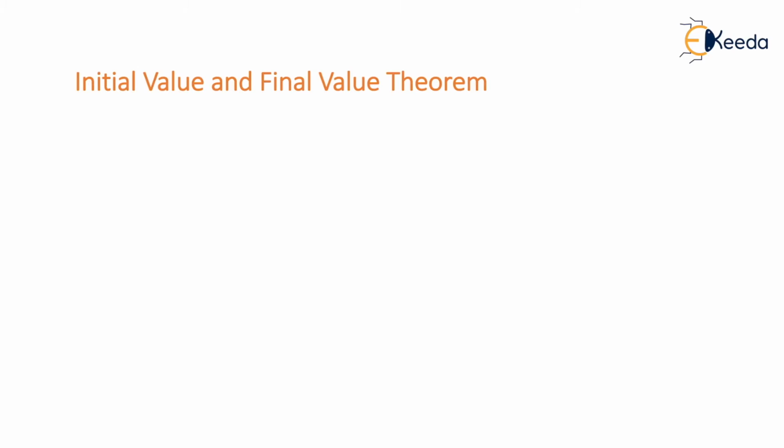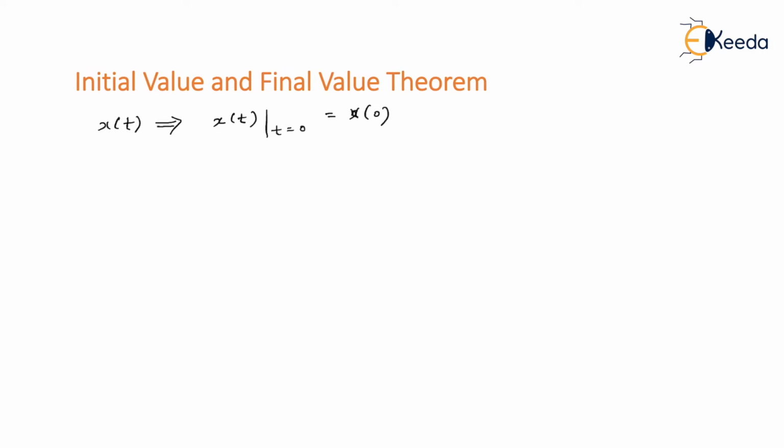First of all, let us understand what is the necessity of having the initial value and final value theorem, and before that, let us understand what exactly is meant by initial value and final value. For example, if some signal is given to you, let's say x of t, then in this x of t, if you substitute t equal to 0, it becomes x of 0.